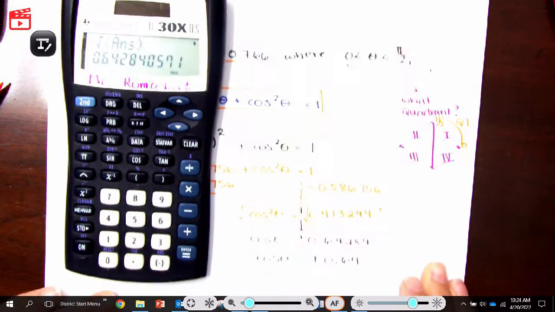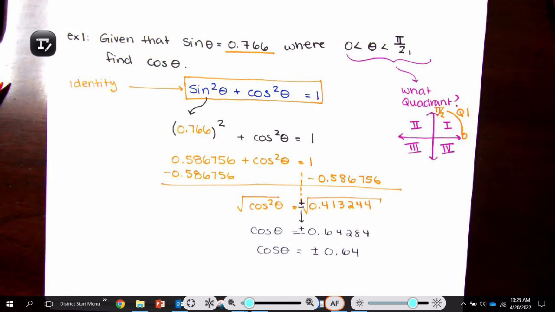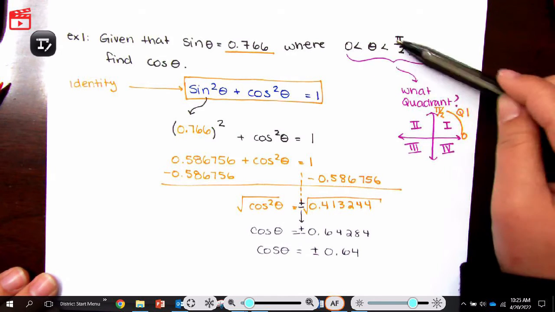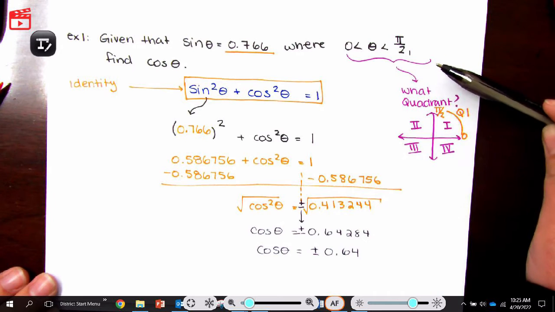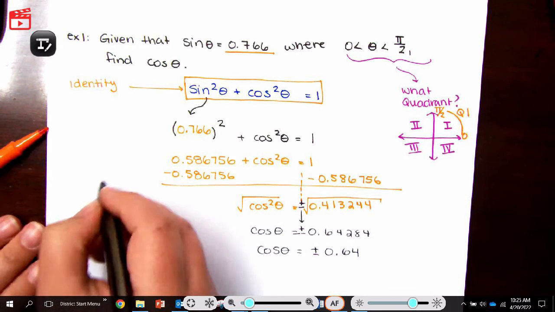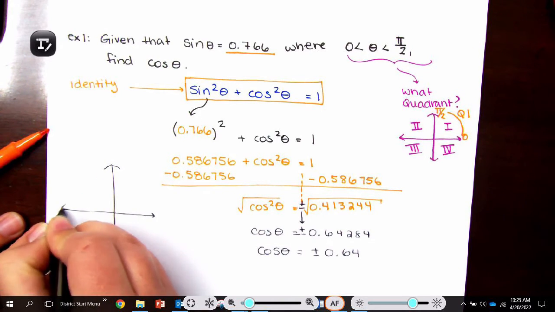Now, you can only have one answer. And that one answer depends on the quadrant that it lies in. So because theta is in quadrant 1, let's go back to what we were talking about, that all students take calculus.